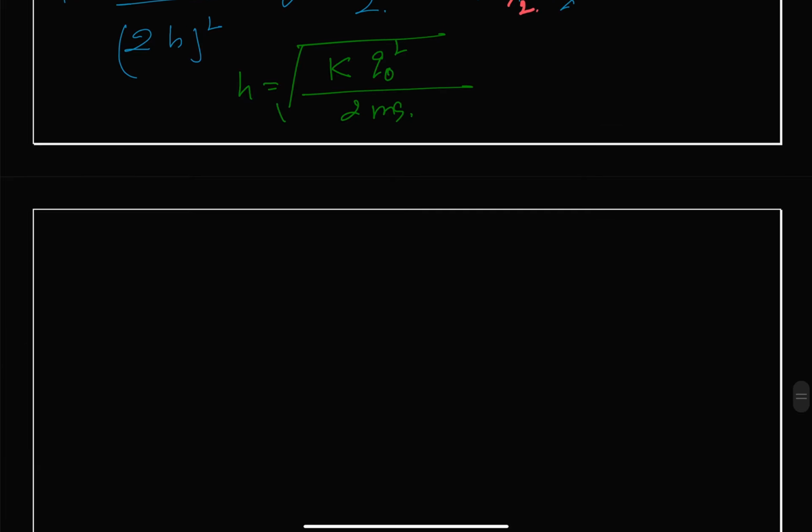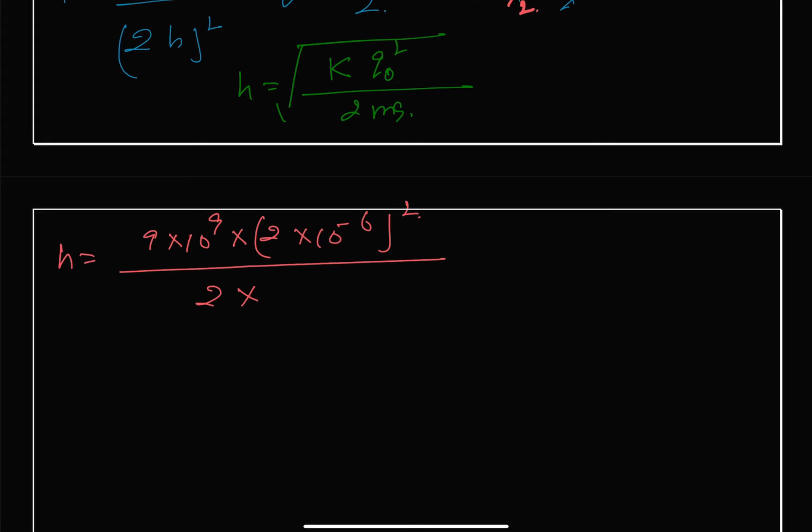So we get h is equal to, k is 9 into 10 to the power 9, charge is given to us as 2 into 10 to the power minus 6 whole square, and this is 2, m is given as 20 gram, so this will be 0.02, and g is taken as 10. So this gives us h equal to 0.3 meters.